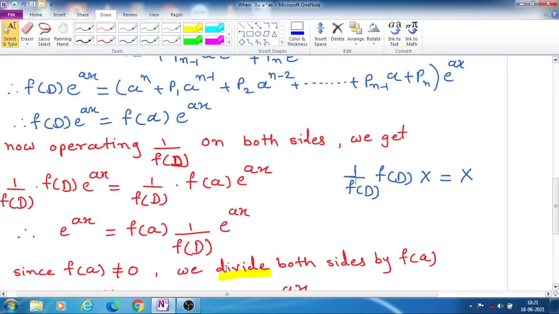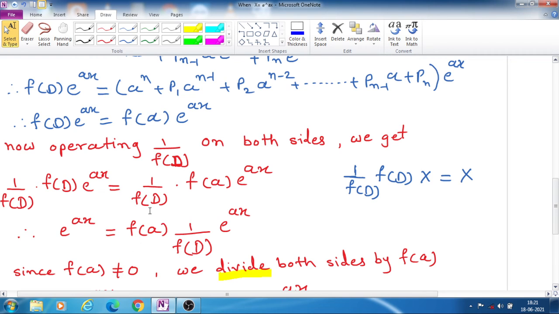So when we substitute D by a, we get f(a), and it will be a raised to n plus p1 a raised to n minus 1 and so on. These p1, p2 are constants and a is constant. So we get f(a) as a constant value, and therefore we can write it outside.